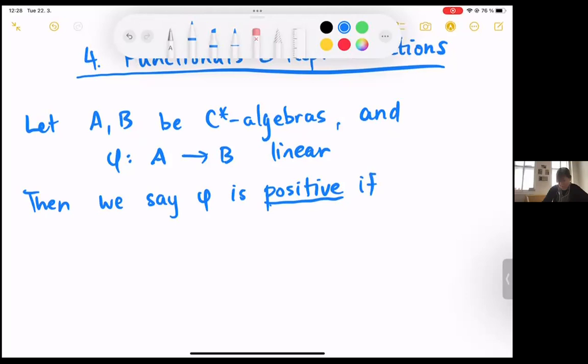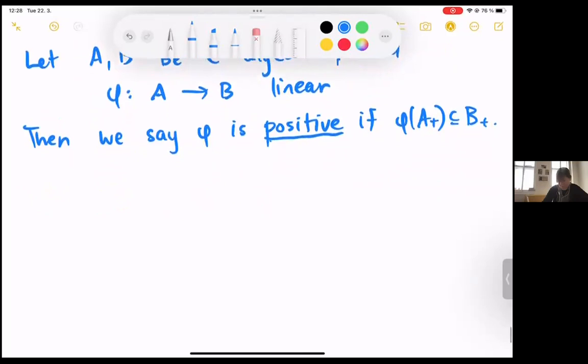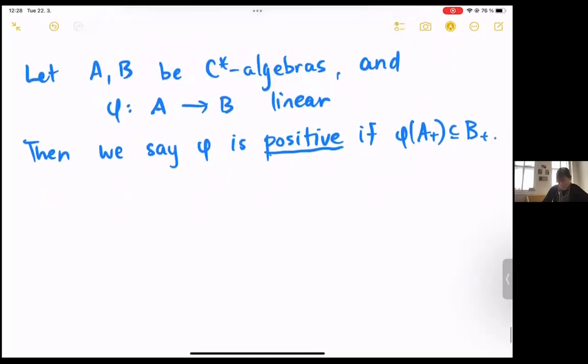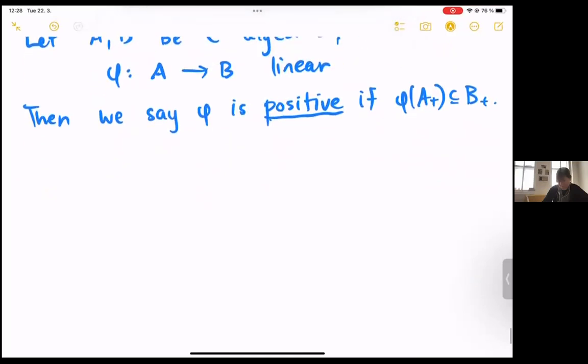If B is just the complex numbers, then we call this a positive linear functional.